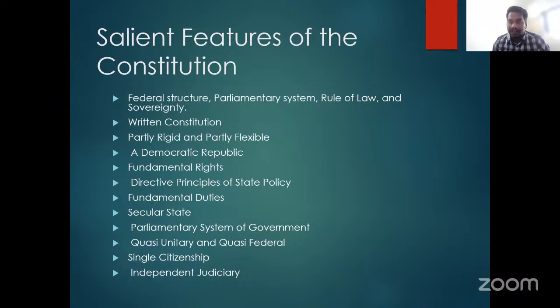What is unitary? Unitary means all the powers are within the union or central government. What is federal? Federal means division of power, which is followed in the USA. We can see both central laws and state laws, that is the union list, state list, and concurrent list. All this comes under quasi-federal and quasi-unitary.